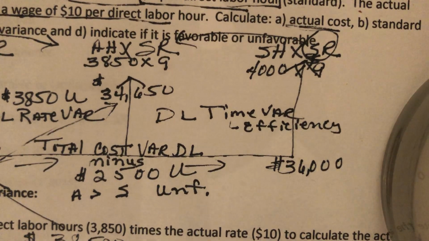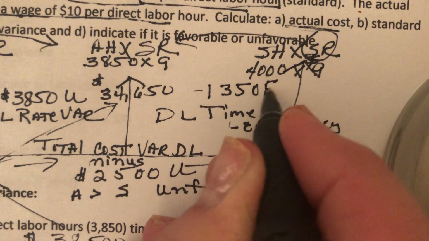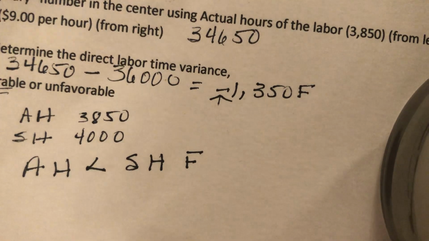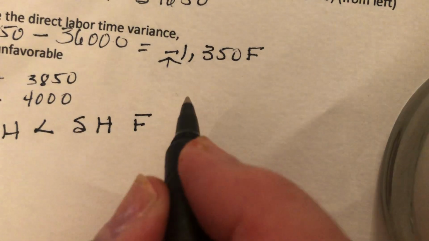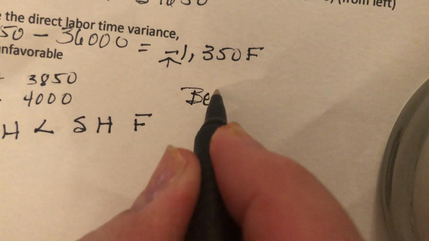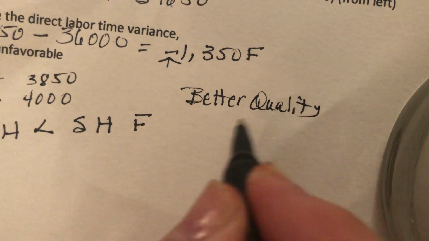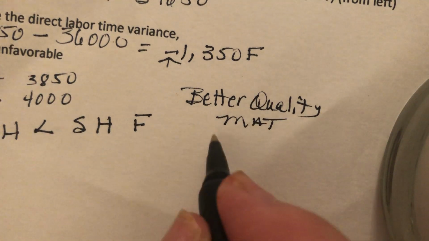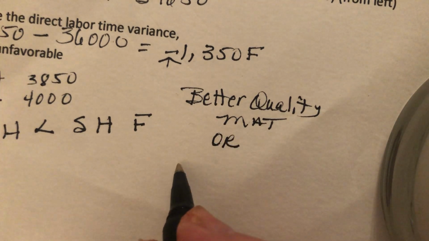Now, let's put that in up here. Let's think about that just a minute. Negative 1,350, and it's favorable. Why would they work less hours? Well, if you go back and look at the material, I think we got some better quality material. Maybe that ties back into the material budget. So the material was easier to work with, or maybe the learning curve.